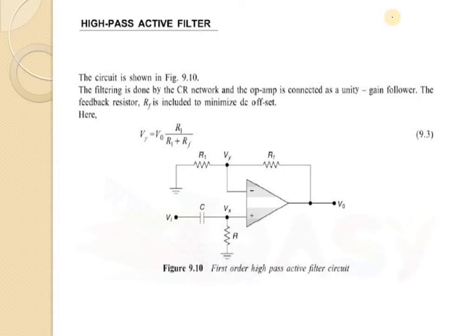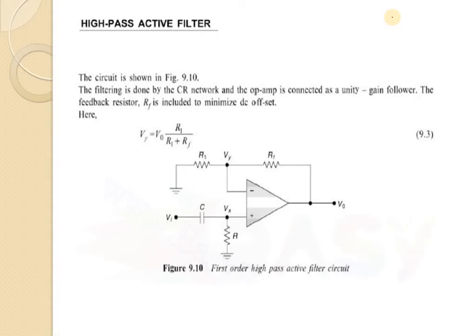Now we will see the high pass active filter, that means there will be an op amp. The circuit is shown here. The filtering is done by the RC network and the op-amp is connected as a unity gain follower. The feedback resistor Rf is included to minimize the DC offset.